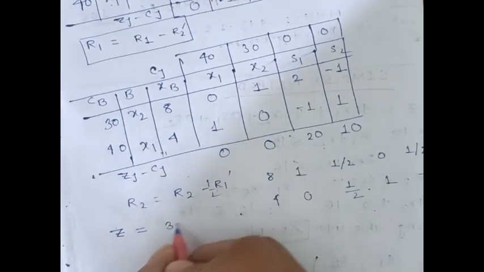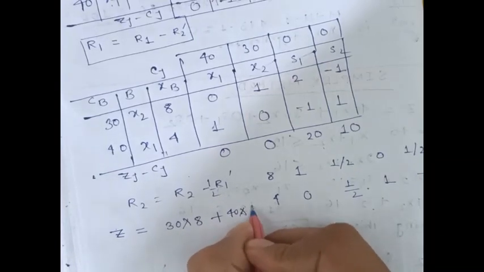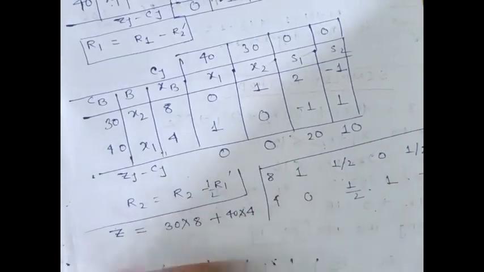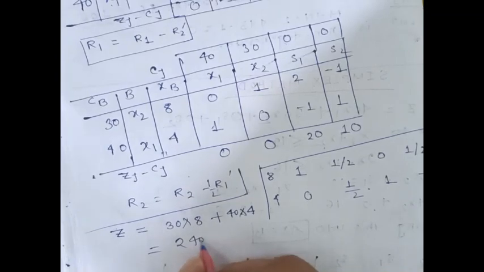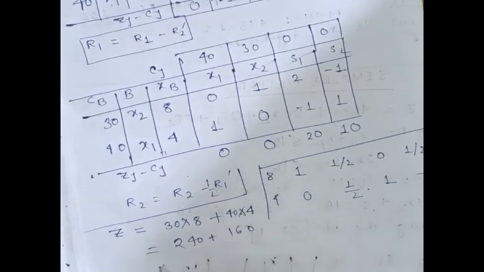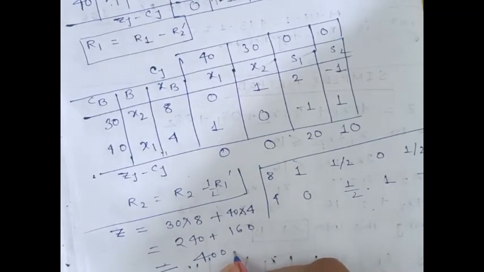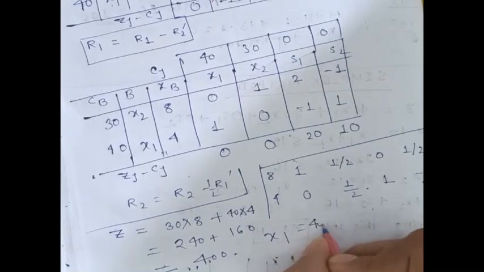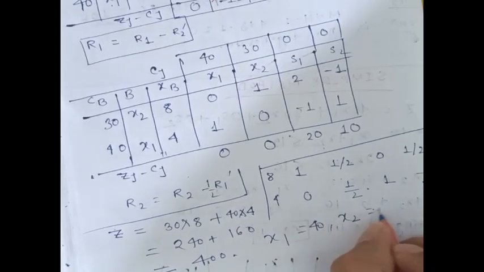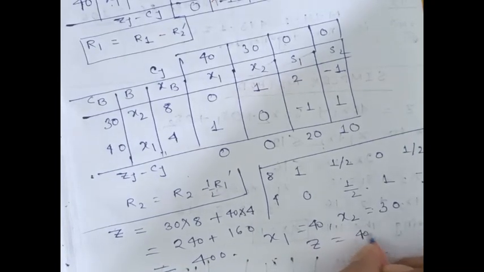So 30 into 8 plus 40 into 4, so it is 240 plus 160, so it is 400. So x1 is equals to 40 and x2 is equals to 30 and z is equals to 400.